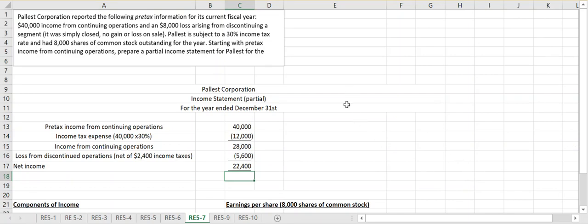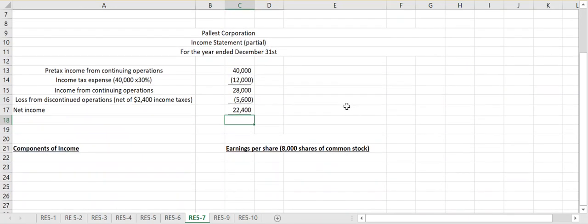So we know that we have to do our earnings per share, and we do that for net income, but now net income is made up of two separate components. It's made up of our income from continuing operations, and it has a portion of this loss that we have that's not going to be carrying forward with us into the next year. So we want to show that breakout in our earnings per share calculation, just like we do on our income statement.